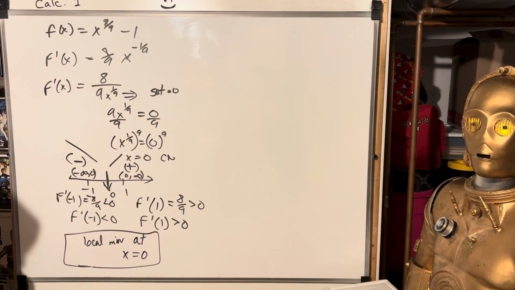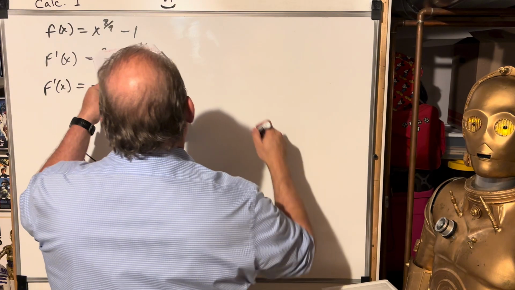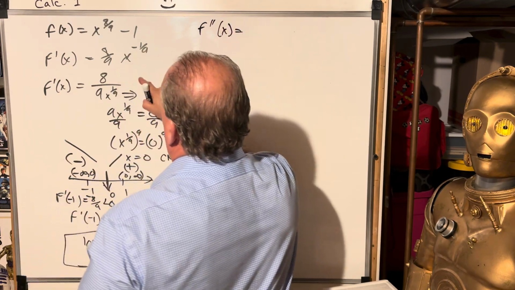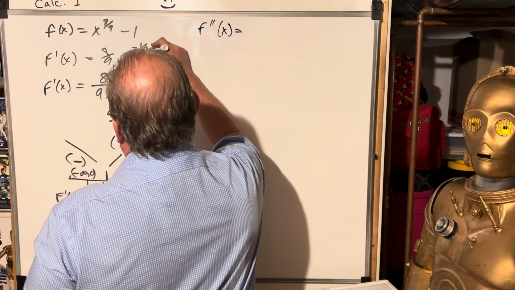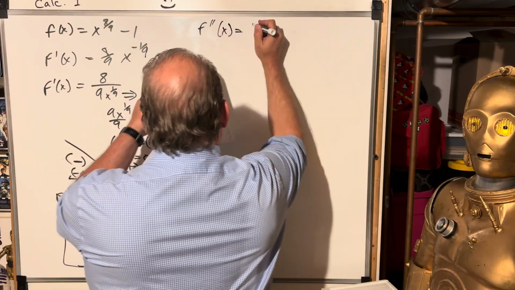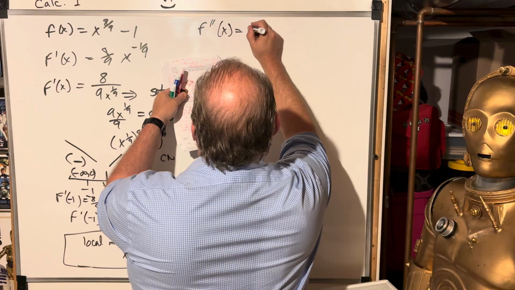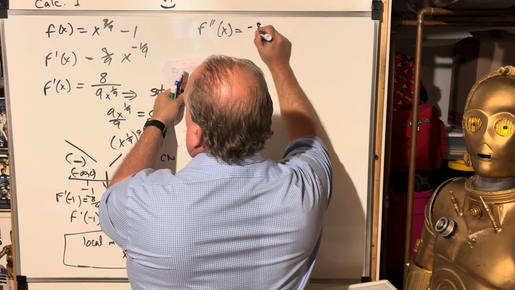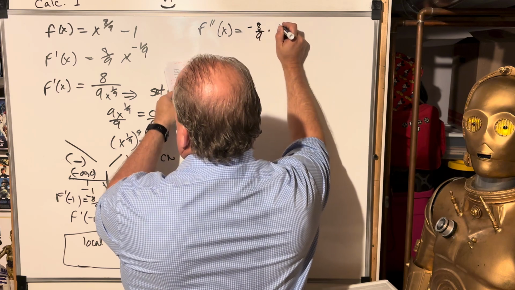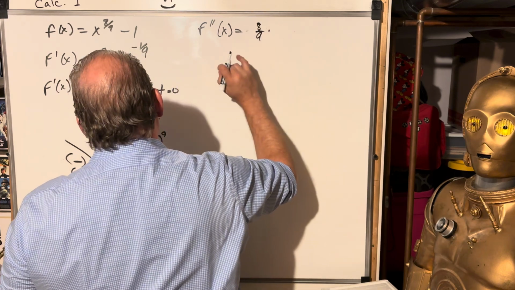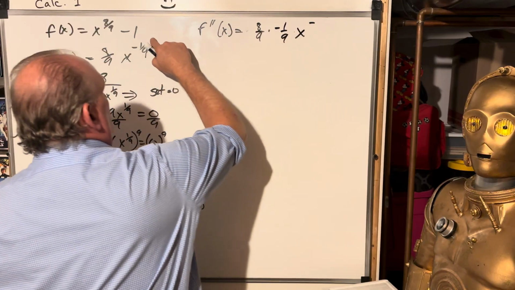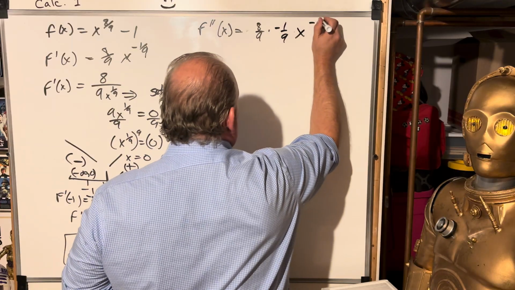All right. So now let's look at f double prime of x. So we're going off of this, multiply that times that, and we get negative 8/9 times negative 1/9 x to the negative 1/9 minus 9/9 is negative 10/9.